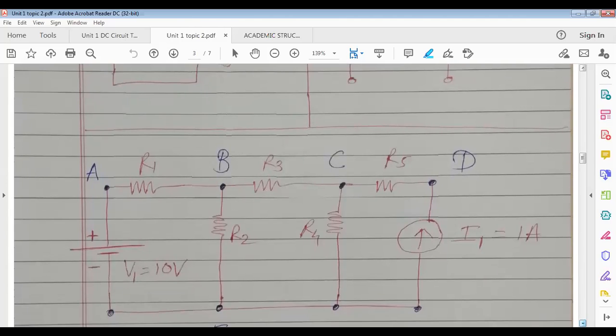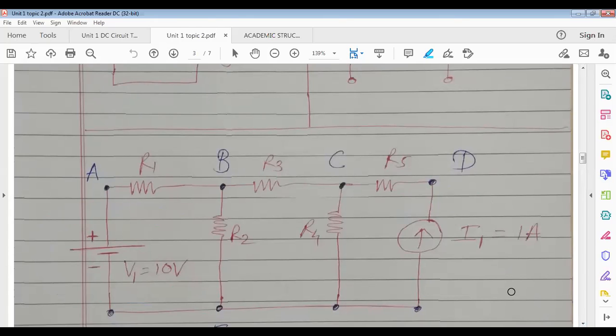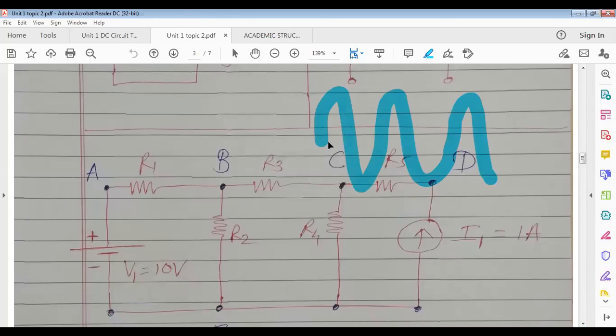Okay. Next thing is sources. Which sources will you find? DC voltage source, DC current source. These are called constant sources, meaning time invariant sources. Time varying source means AC. AC, all of you know, its behavior is like this, sinusoidal. AC is time variant, because with the change in time, its magnitude and direction both are changing.